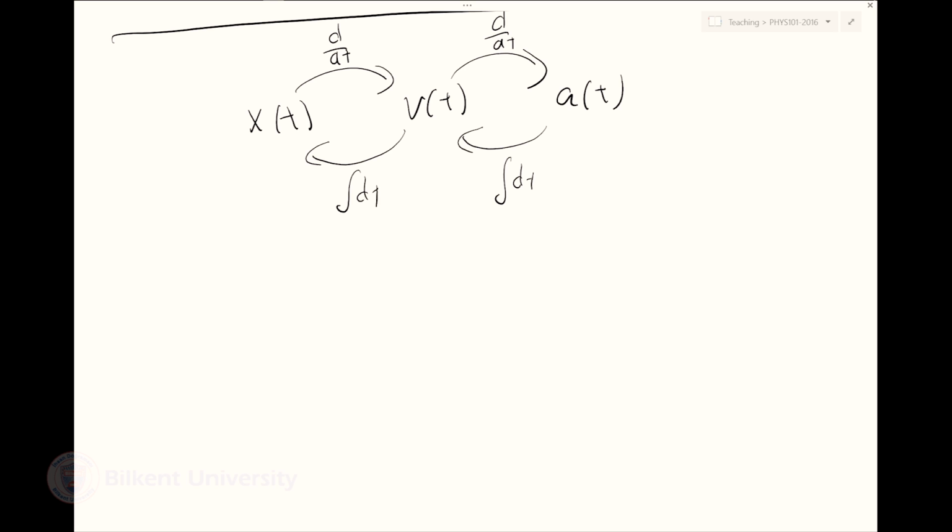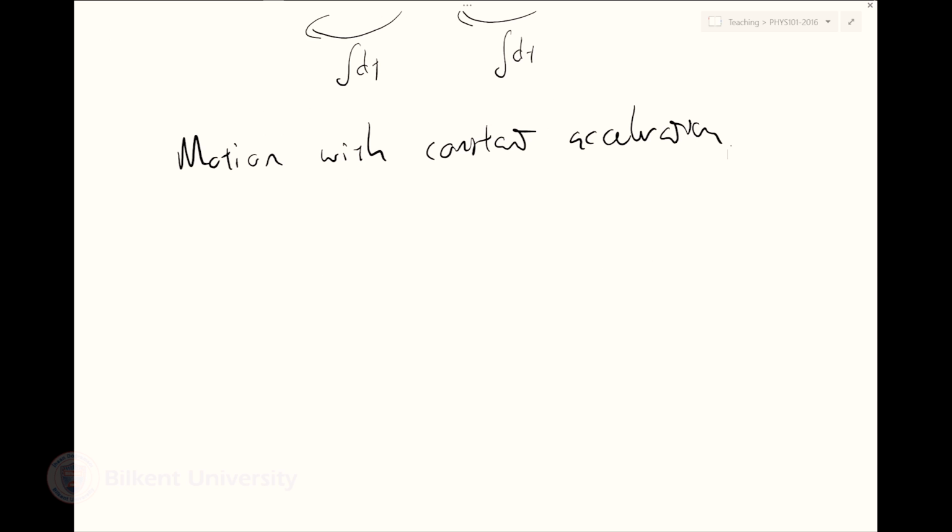But one kind of one-dimensional motion was very central to our daily lives, because every time we throw something up on the surface of the Earth, it moves with constant acceleration. So motion with constant acceleration is quite important.